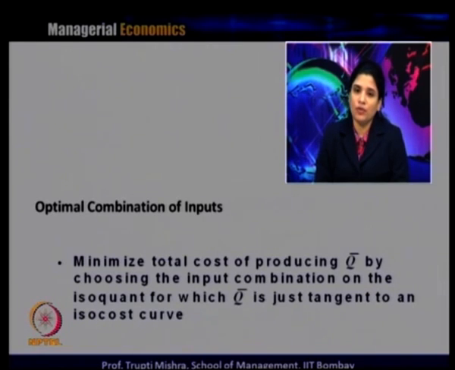By choosing the input combination on the isoquant for which the isoquant is just tangent to the isocost curve. So, Q bar is a given level of output, and the optimal combination of inputs will help to minimize the total cost of producing this Q bar. And how to achieve that? By choosing a combination on the isoquant where it is just tangent to the isocost curve.